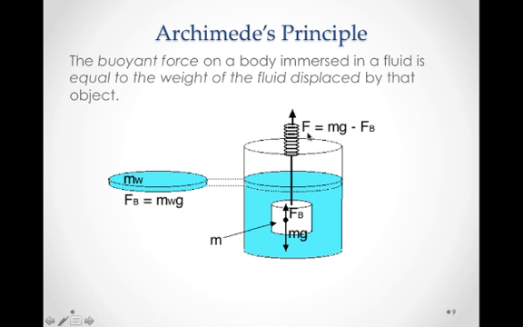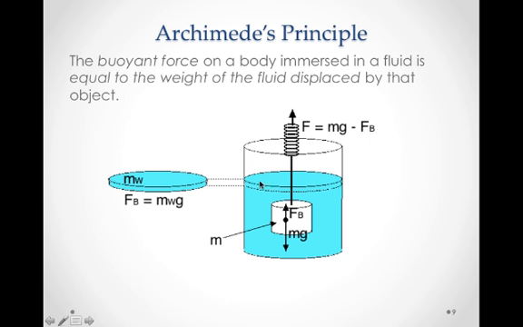Now if there were no water in this container, then there would be no buoyant force, and the spring would simply be measuring the weight of this object. When the cylinder is filled with water and we submerge this other, more dense object, the water will rise.